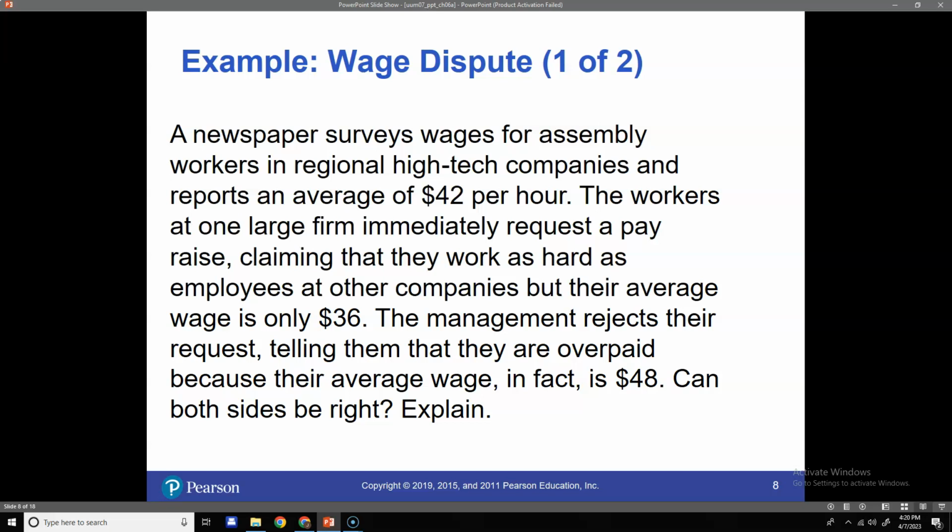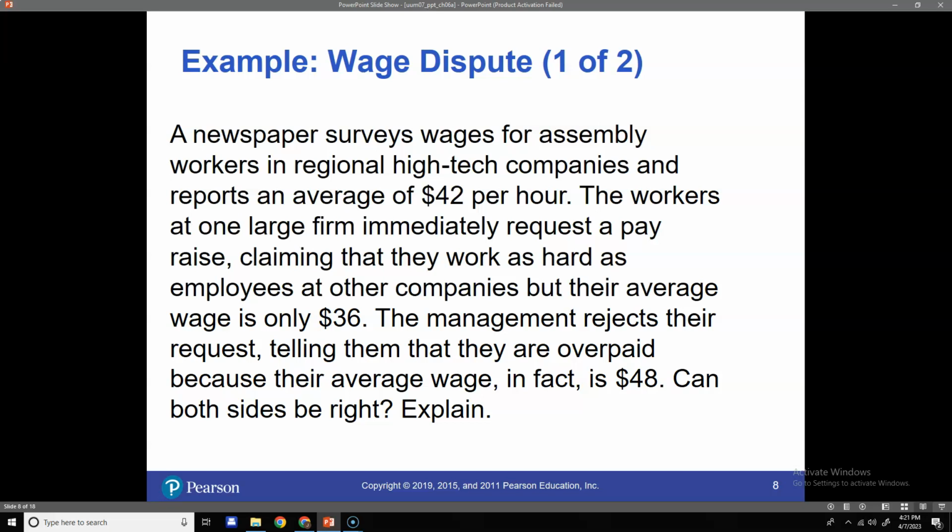Newspaper surveys wages for assembly workers. I don't know, this is kind of funny.